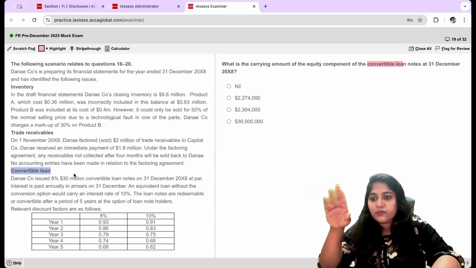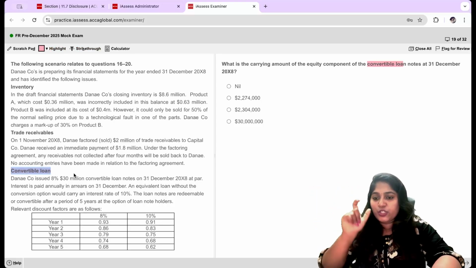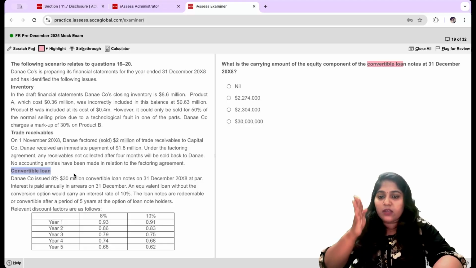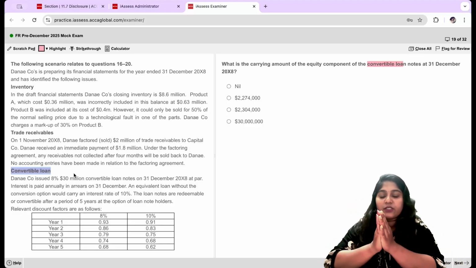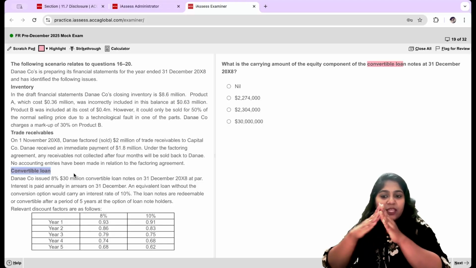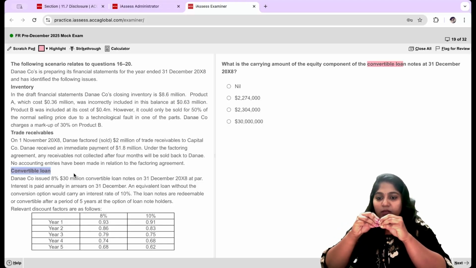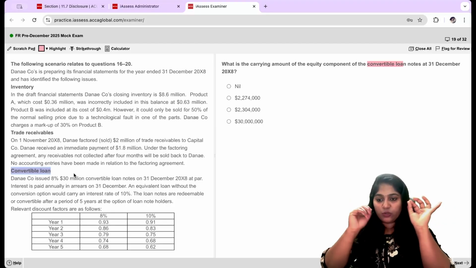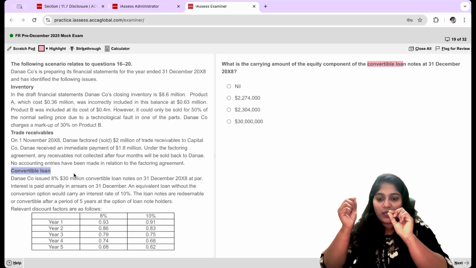Look at this. Dane company issued 8% $30 million convertible loan notes on 31st December X8 at par. Interest is paid annually in arrears on 31st December every year. An equivalent loan without the conversion option would carry an interest rate of 10%.